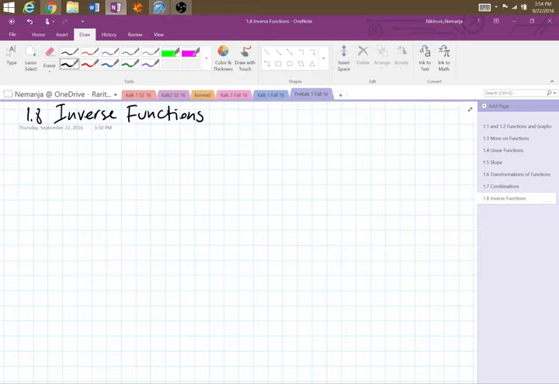So what we are going to do now is see what mathematical functions will have a way to be undone and what could not be.